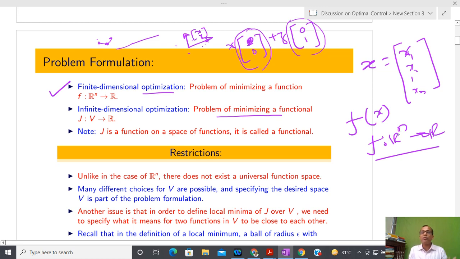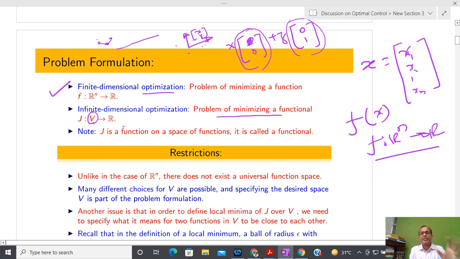Now the space looks like some kind of function space. The functions may be in this form, or maybe in the form of matrices, it doesn't matter. But each and every element of this space V is now a function. We are again assuming that it maps to a real number, because I have a very special class of function of functions that is called a functional, which maps to some real number.